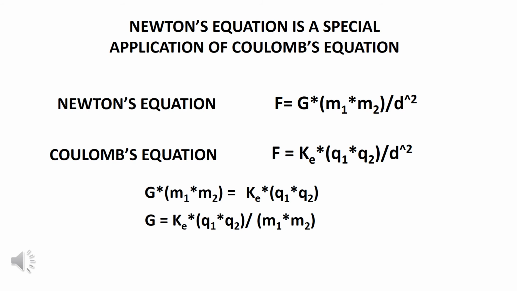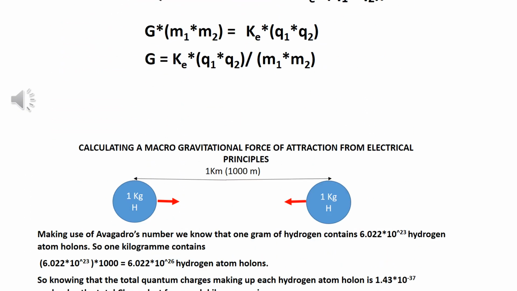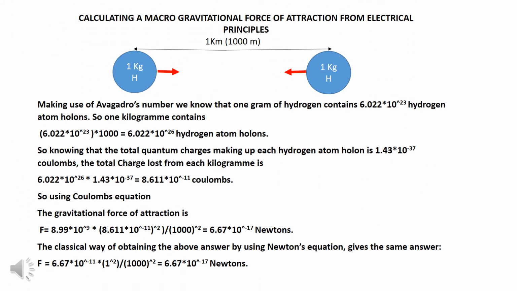Before we go to the last video, let's just look at an example of a macro-scale application of an electromagnetic force of a gravity problem. Let's calculate the gravitational attractive force between two 1 kilogram masses of hydrogen 1,000 meters apart.